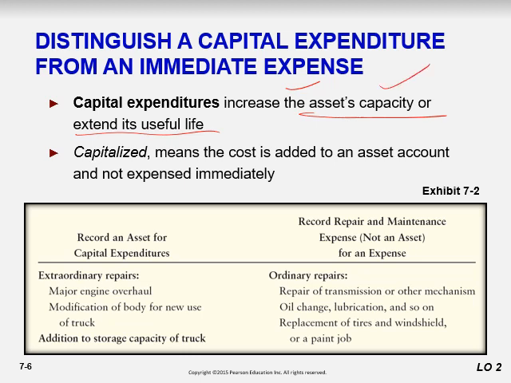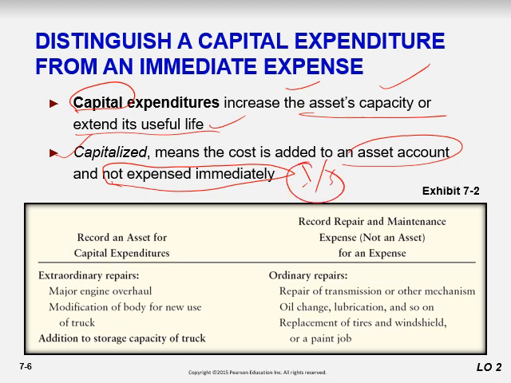Either it enhances the asset capacity and the asset is going to run for multiple years, or you extend its life, which is also for more than 1 year. So that's why we call this capital, right? So capitalized means the cost is added to the asset account, which means you add this cost to the cost of the asset, rather than sending this cost to the income statement.